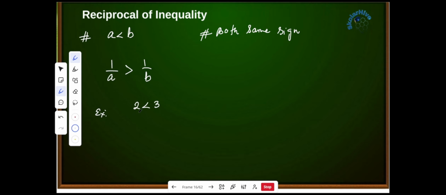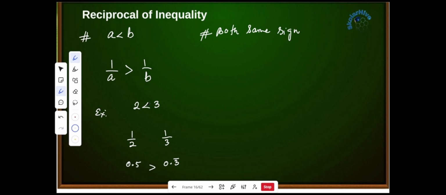If we find the reciprocal of 2, then it will be 1 by 2, and the reciprocal of 3 is 1 by 3. 1 by 2 is 0.5 and 1 by 3 is 0.333 repeating. Now here 0.5 is bigger than 0.333. So here we found that both the numbers 2 and 3 are positive, and by taking their reciprocal we are getting 1 by 2 bigger than 1 by 3.